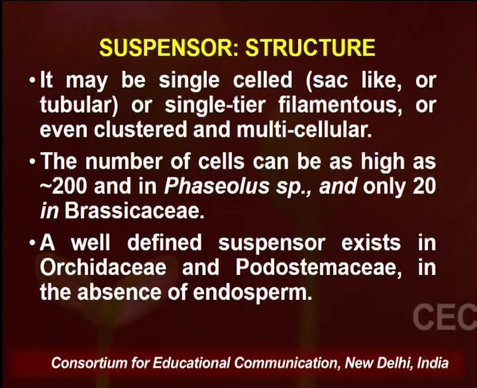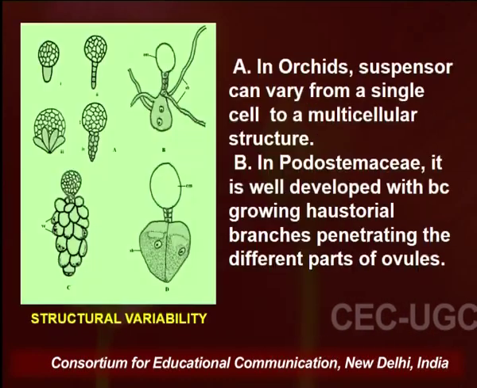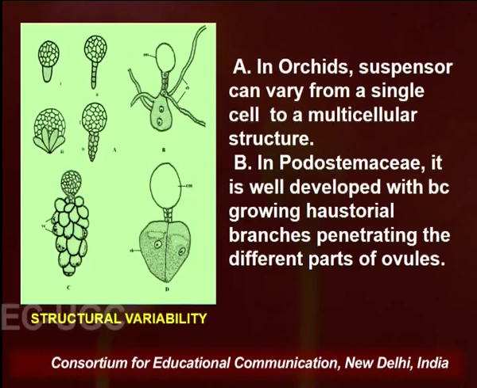One is that of course there is a well defined suspensor, which exists in Orchidaceae and Podostemaceae. Here you can see on the left hand side, in picture A, an example of orchids. Suspensor can be single celled or it can even be a multicellular structure. So, the four drawings on the left hand side are of the orchids.